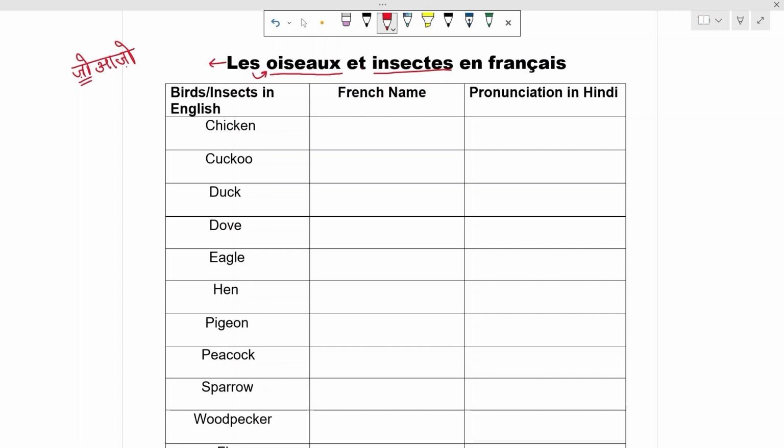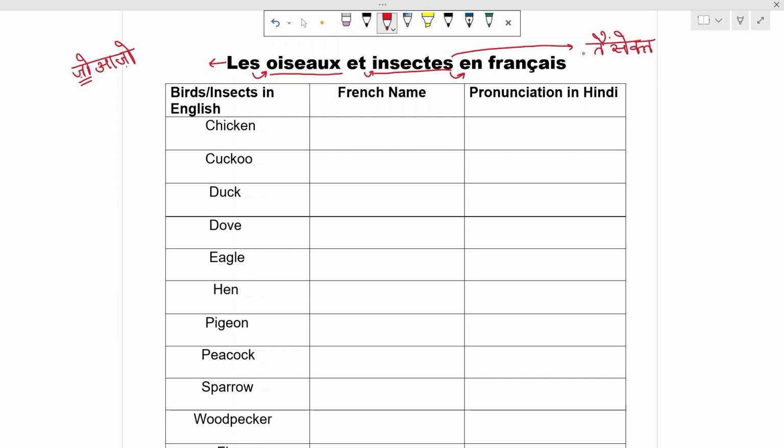Les oiseaux et insectes. Here also the T is silent. It will get connected with this I and the pronunciation will be insecte. Again, liaison rule. Zon. Les oiseaux et insectes en français.